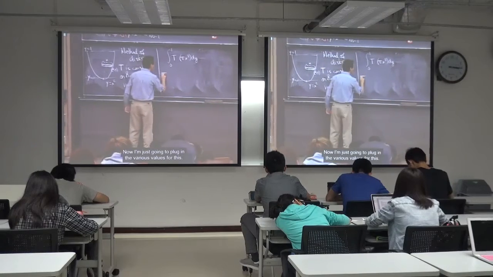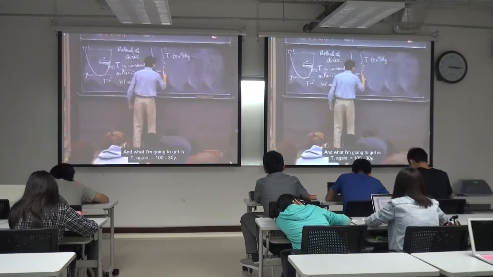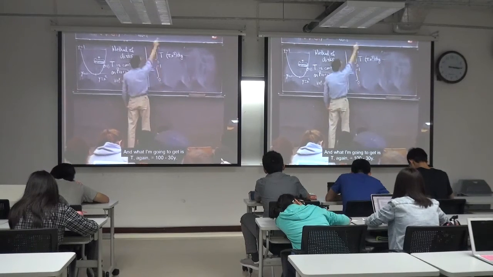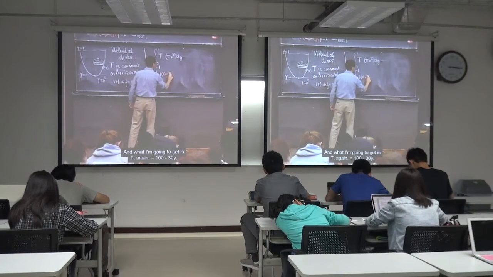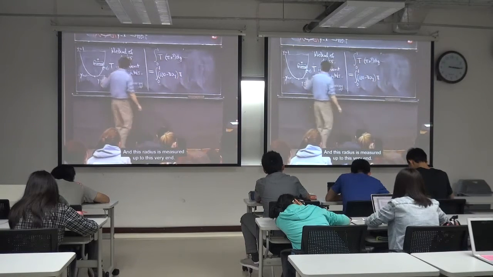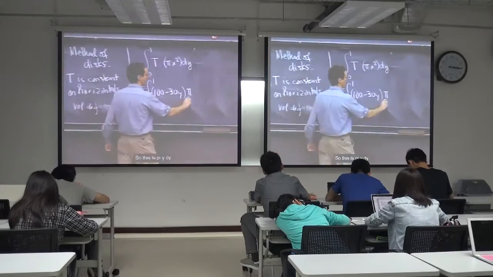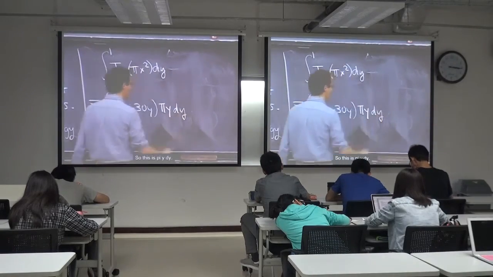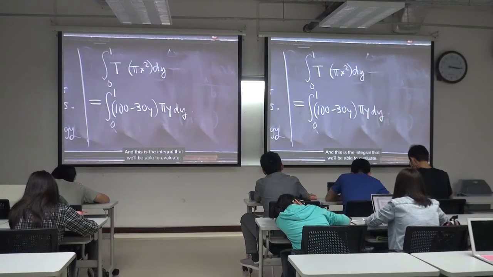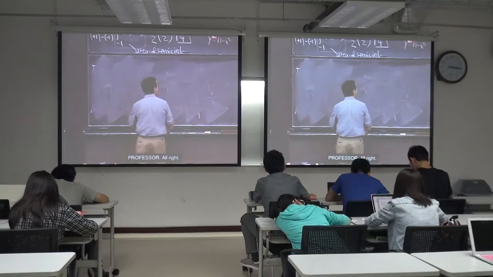Now, I'm just going to plug in the various values. What I'm going to get is T, again, is 100 minus 30y. And this radius is measured up to this very end, so x squared is y, so this is pi y dy. And this is the integral that we'll be able to evaluate. Yeah, question?